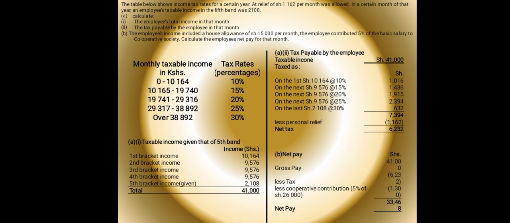Now we have been given a tax bracket, so it means we start with the tax bracket, working back to get the employee's income. Like you have been given the fifth bracket. The fifth bracket is taxed at 30%. Now, what is the income?